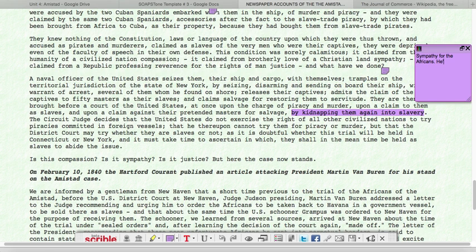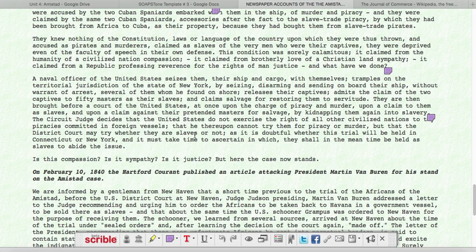He's saying that they were put again into slavery. Remember, he reminds us that they already claimed their freedom by rebelling on the ship, right? So by being captured again, they're being put into slavery again.